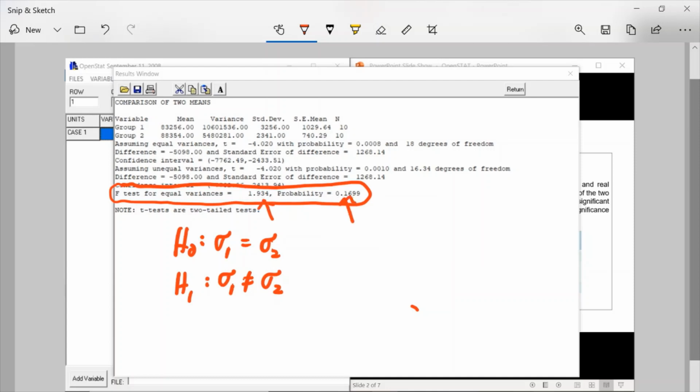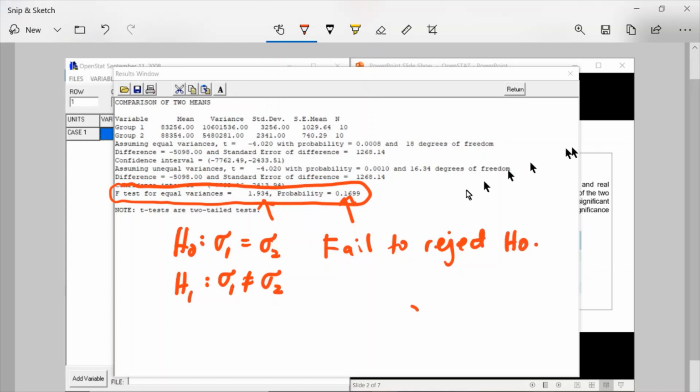This is the p-value. So based on the p-value, you will fail to reject H0, since the p-value is greater than alpha. Let's say alpha is 0.1. So you fail to reject the null hypothesis. Continue. Therefore, we will be using assuming equal variances.